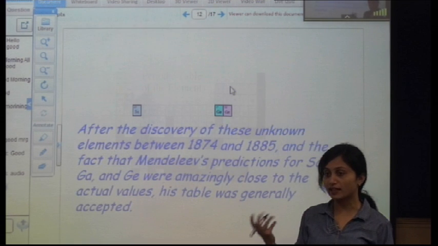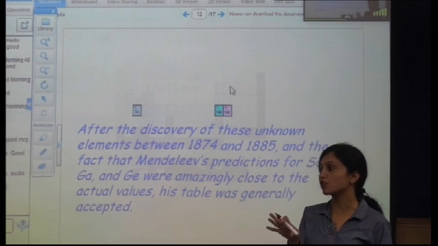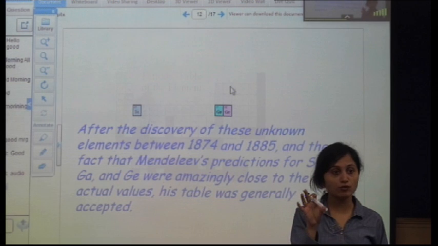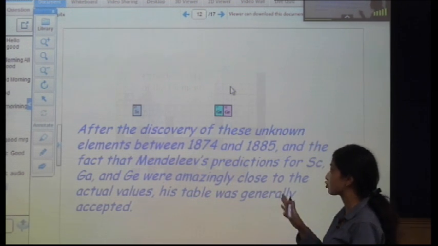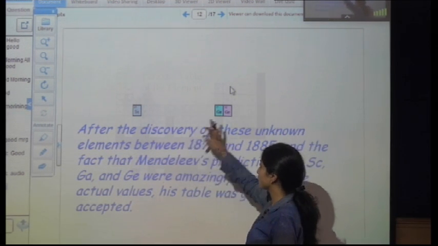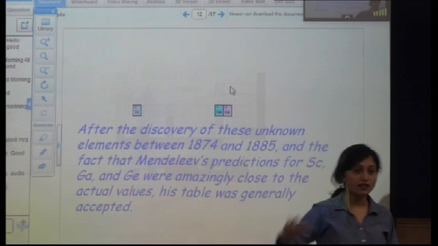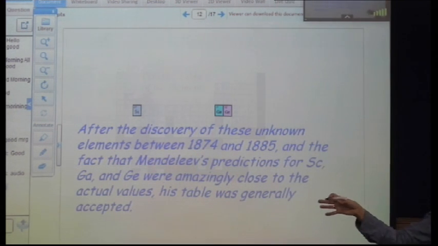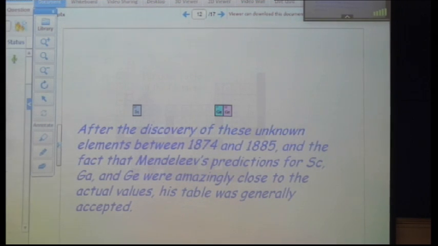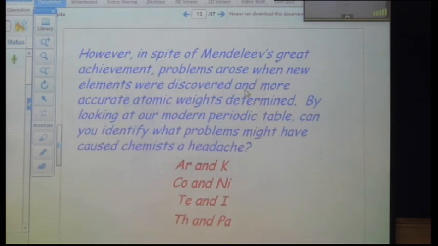He left places for them, which could be successfully substituted by elements like scandium, gallium and germanium. So you had the Eka names for them, which means their properties could be related. And remember that he is the father.